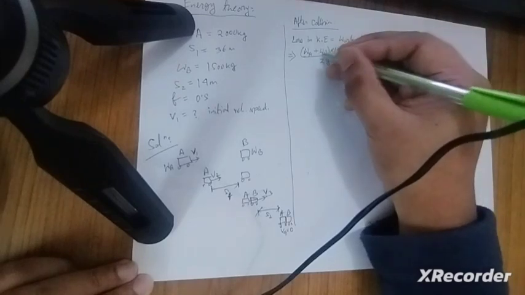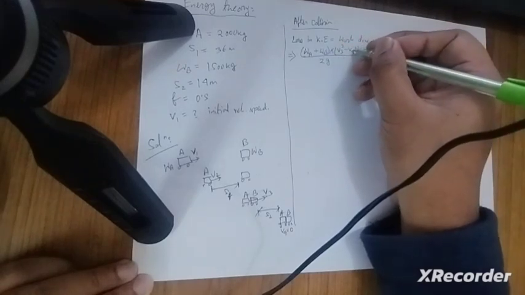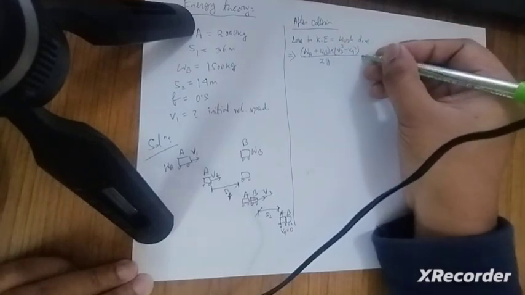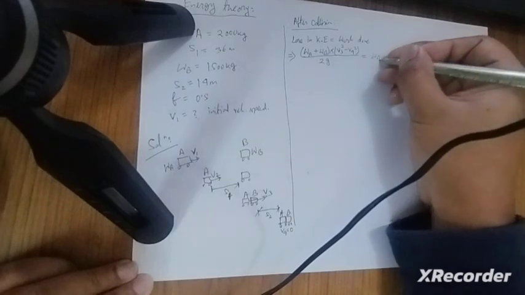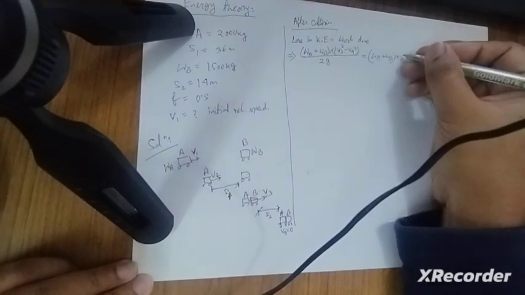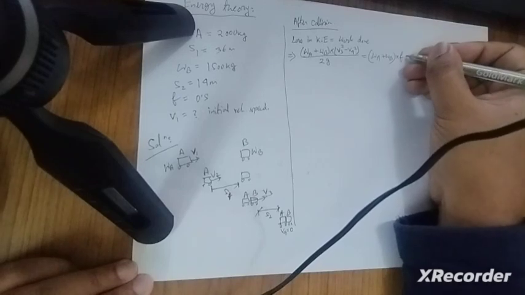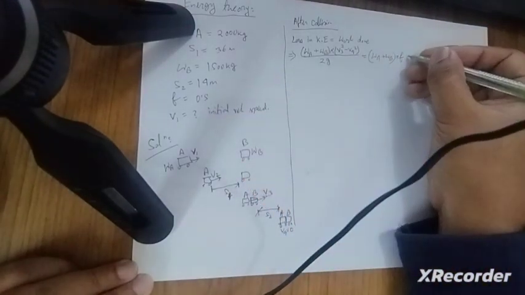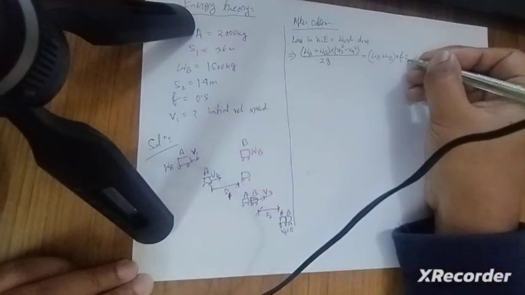So the formula is (WA plus WB) into (V3 square minus V4 square) divided by 2G, and the work done will be, as both vehicles are now joined together after collision, with friction F of 0.5, and distance travelled S2.